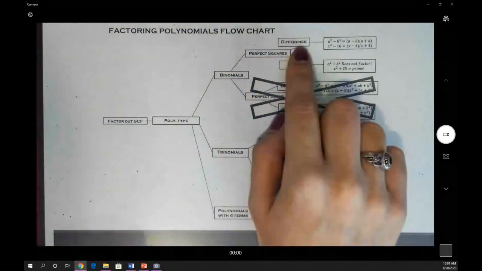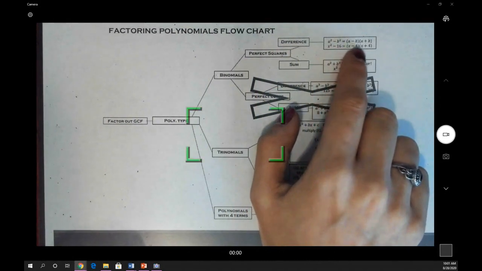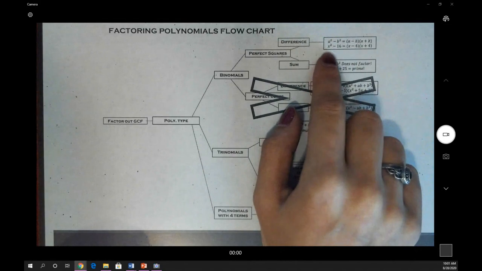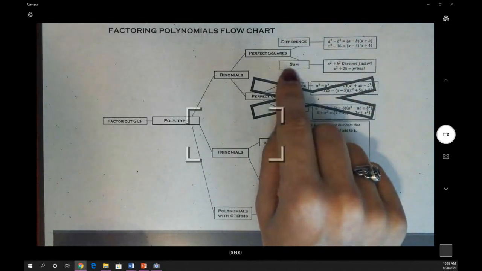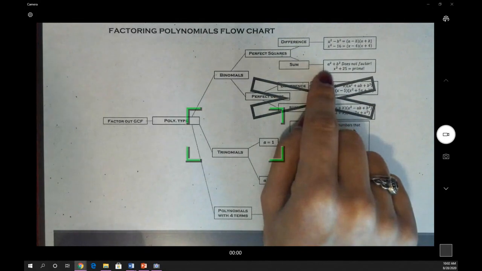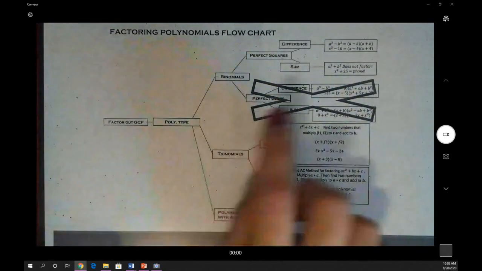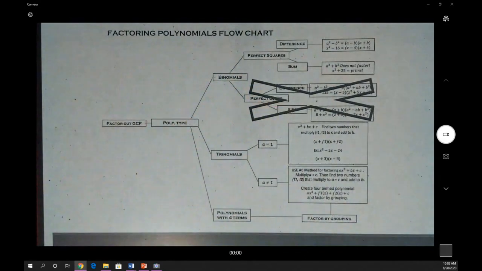If it's a difference of squares, it's going to factor into a squared minus b squared as a minus b, a plus b, or we wrote it as a plus b, a minus b. We have the example of x squared minus 16 here. If it is a sum of squares, it does not factor. If it does not factor, we say it is prime. We are not focusing on perfect cubes in this class. Yes, you can factor them, but that's just not something we're going to dive into.